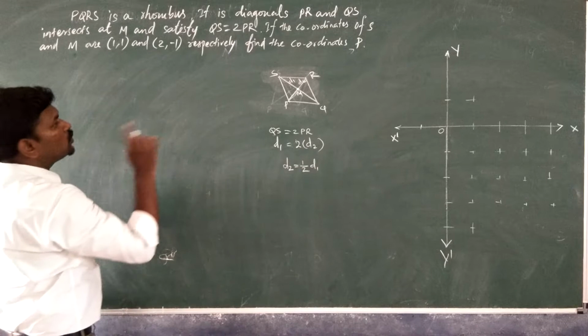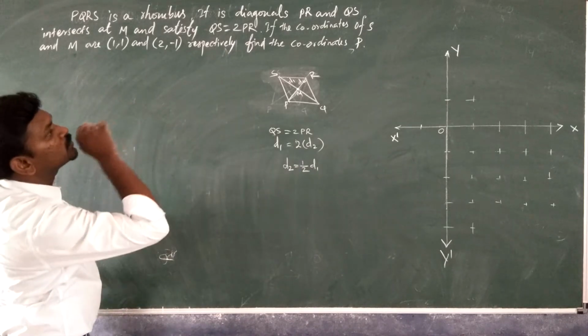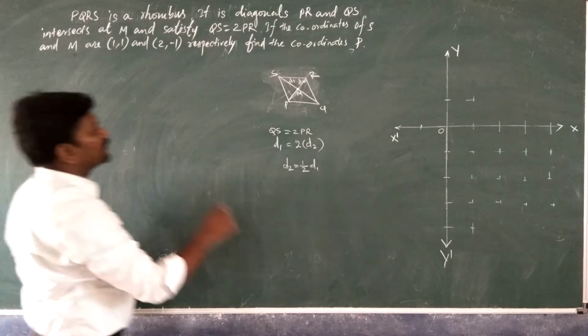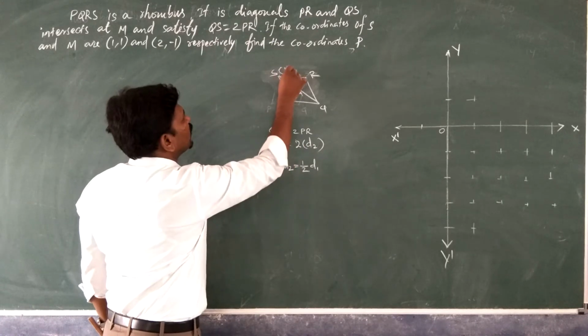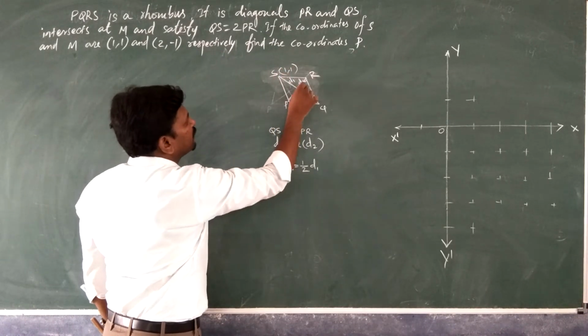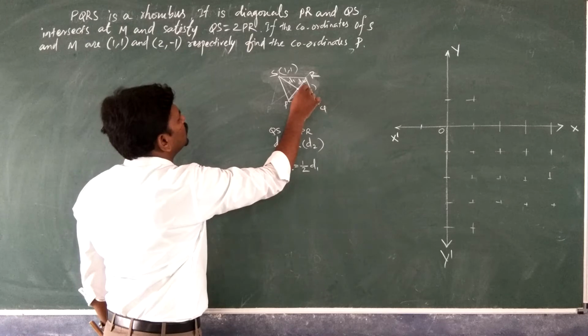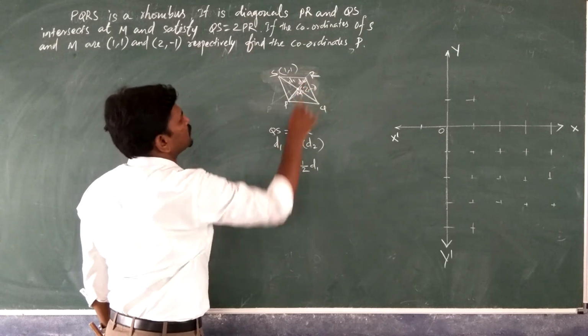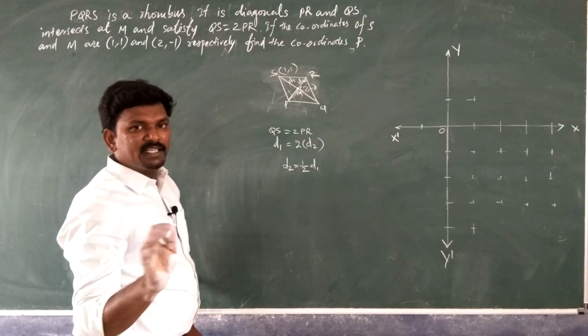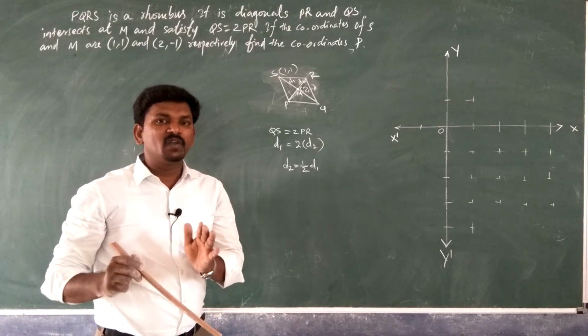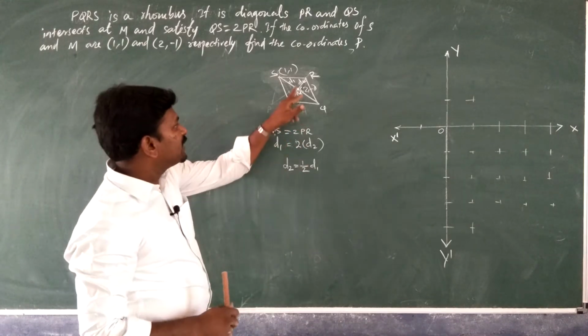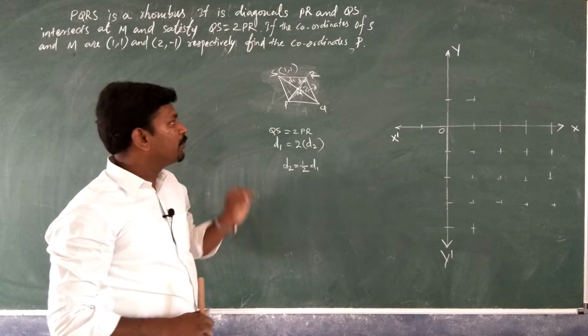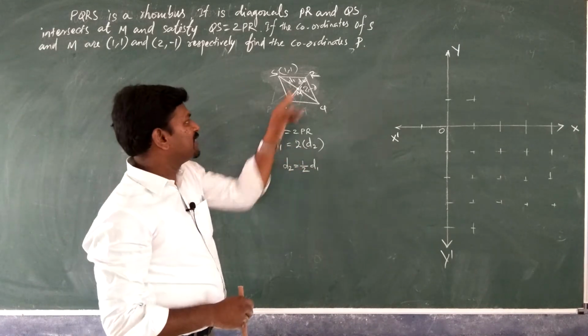Now 2 coordinates are given. What are those 2 coordinates? S and M. S is 1 comma 1 and M is 2 comma minus 1. See, this property we all know familiarly: the diagonals of a rhombus bisect each other at right angle.